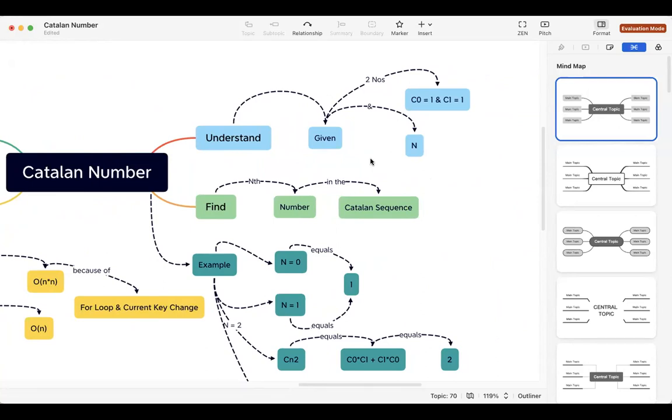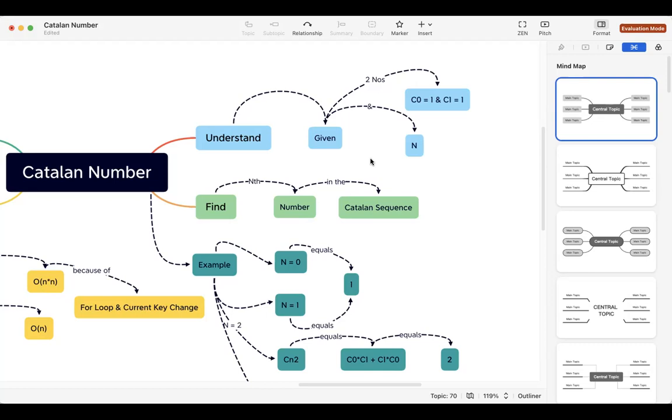You can relate this to Fibonacci: you're given f of 0 is 0, f of 1 is 1, and then you find the nth Fibonacci number. Similarly, here we are finding the nth Catalan number in the sequence.